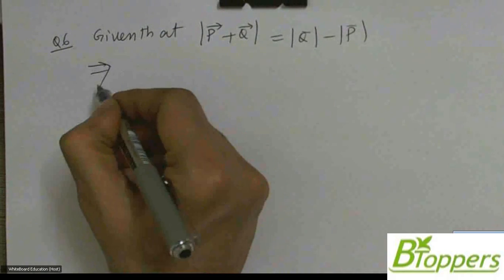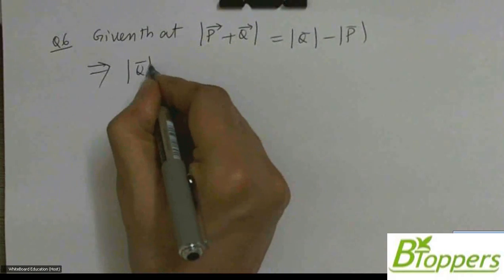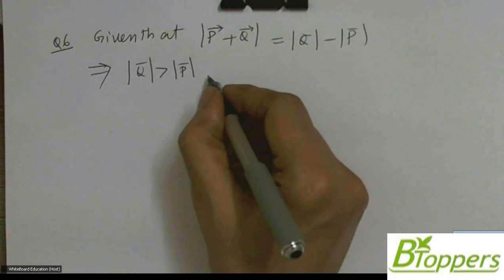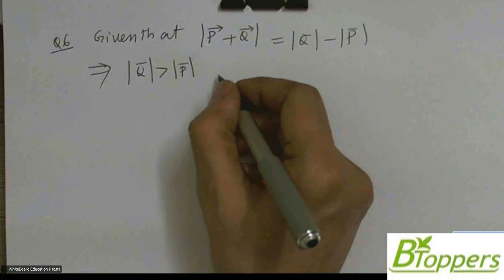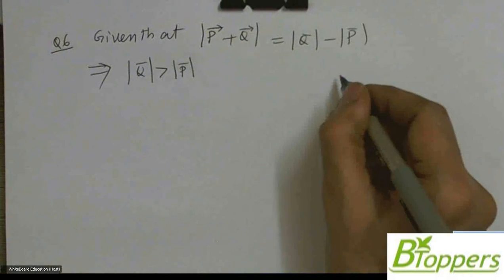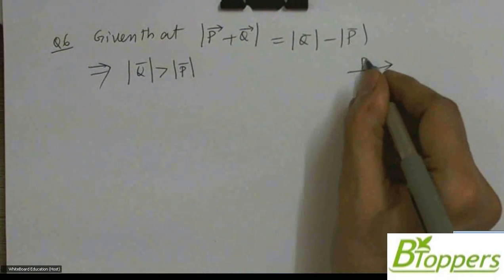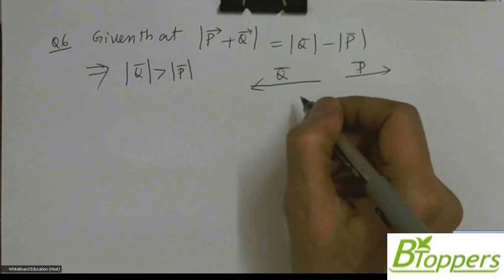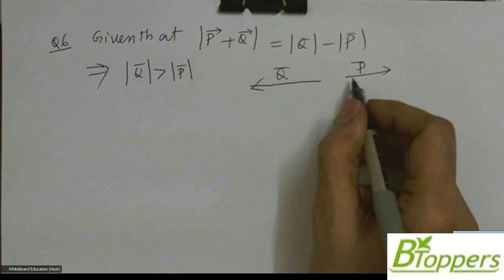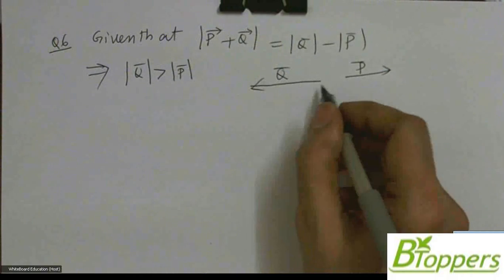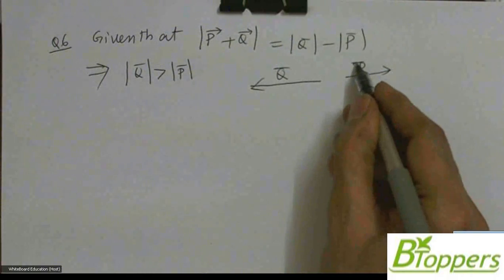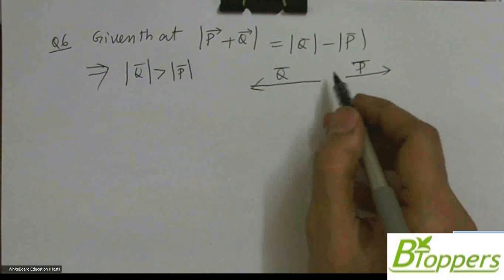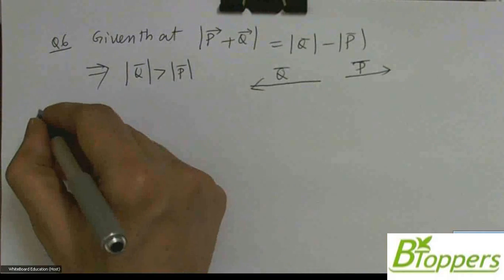So this implies that modulus of q bar is greater than modulus of p bar, and that p bar and q bar act in opposite directions. So you can represent the two vectors graphically by two direct line segments in opposite directions. That means the angle between p bar and q bar is 180 degrees.